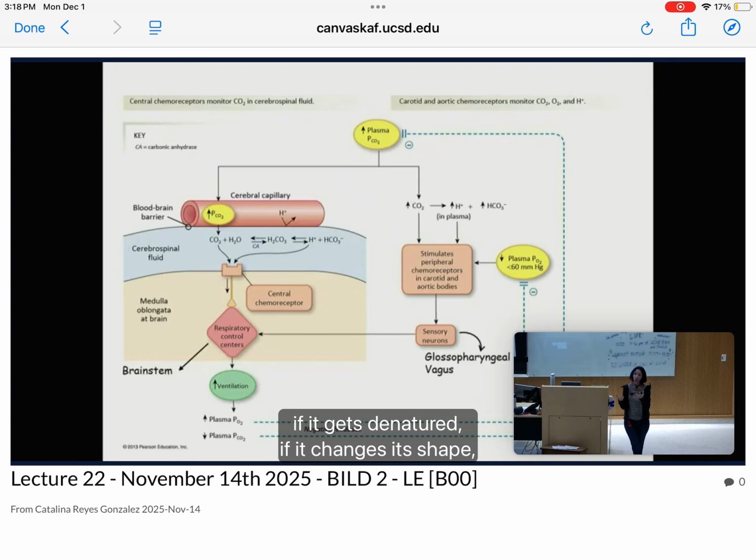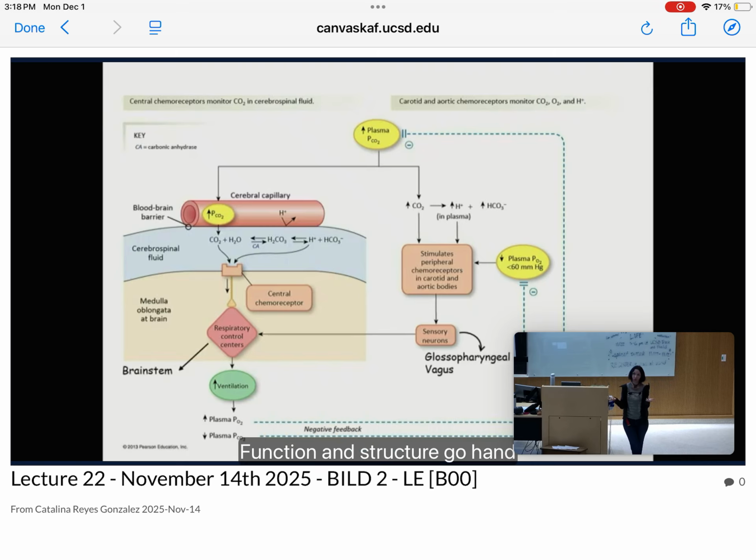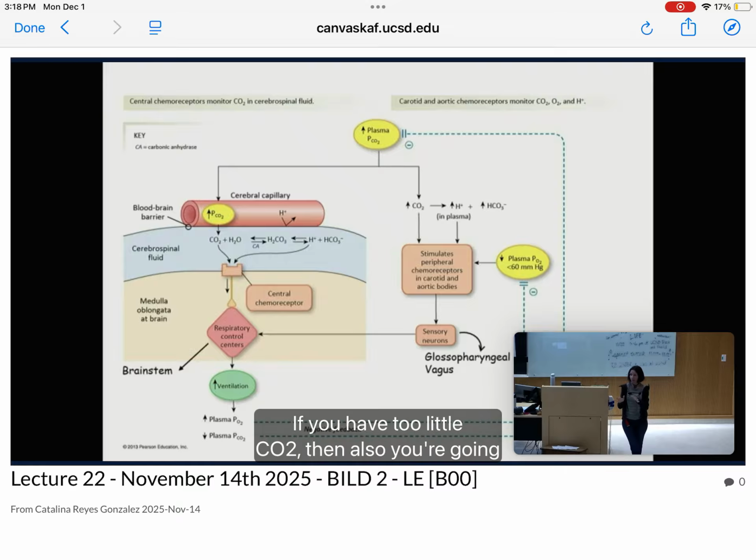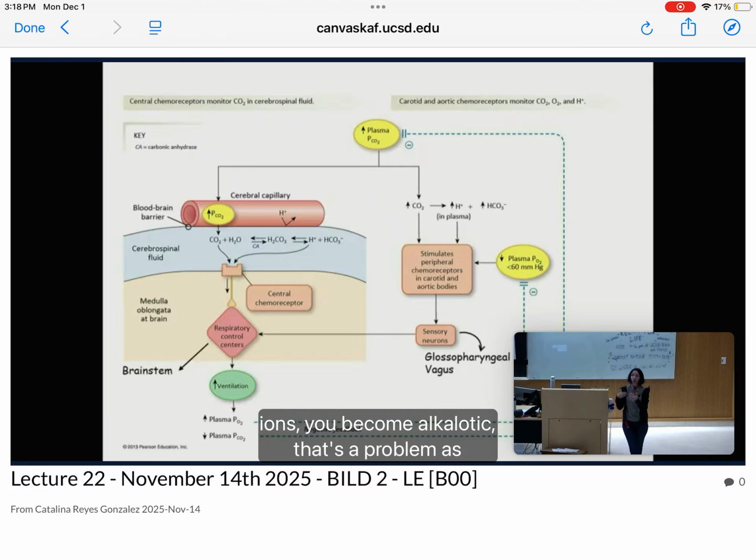And the protein, if it gets denatured, if it changes its shape, it's not going to be able to perform its job. Function and structure go hand in hand. Does that make sense? If you have too little CO2, then also you're going to become alkalotic, or if you have too few hydrogen ions, you become alkalotic. That's a problem as well.